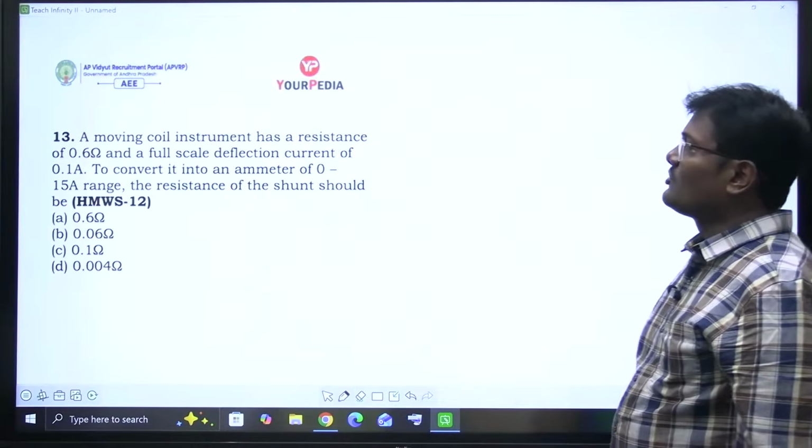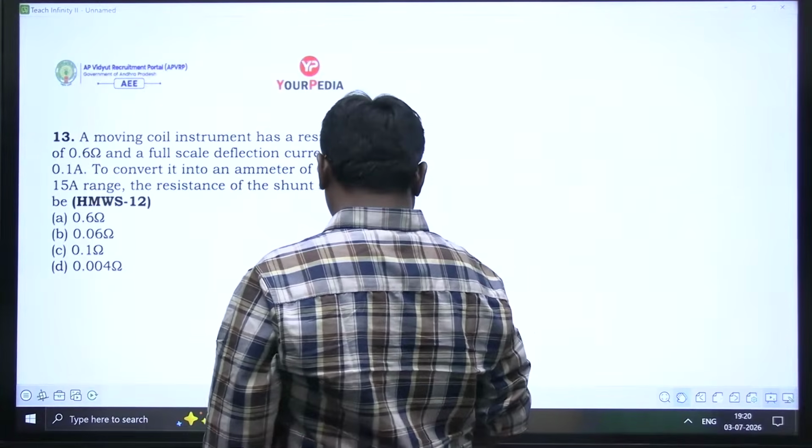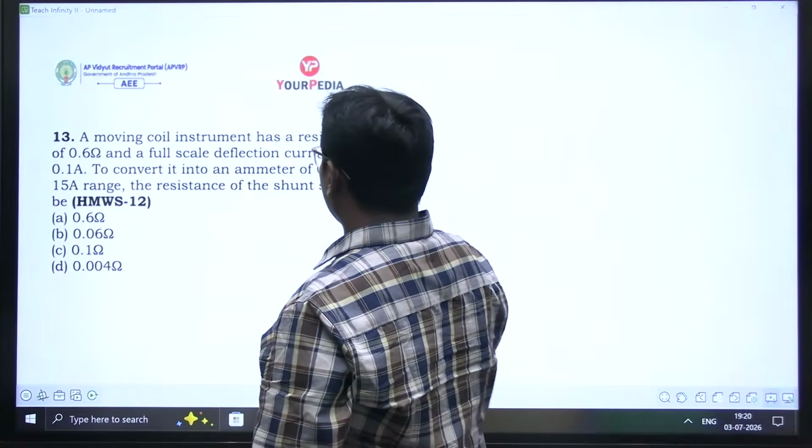A moving coil instrument has a resistance of 0.6 ohms and a full scale deflection current of 0.1 amperes.